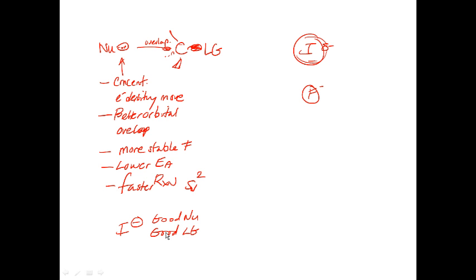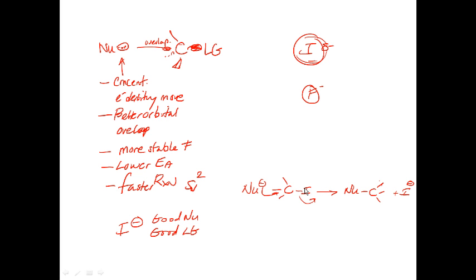And what that means practically for experiments is that if you take a nucleophile and react it with an alkyl iodide, when the nucleophile comes in and kicks off the iodide, you end up with your substitution product, but you also end up with I minus.